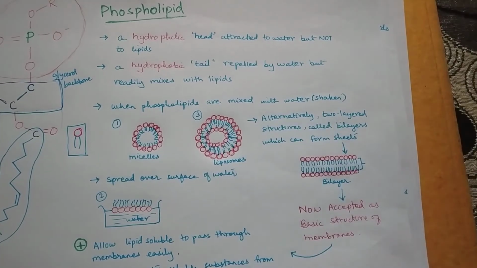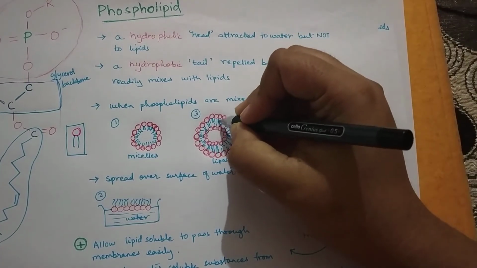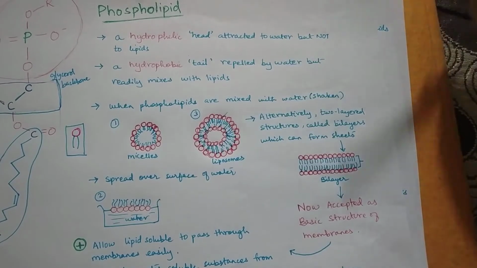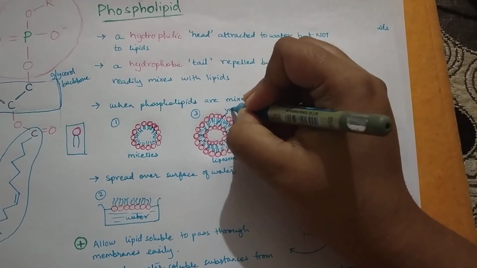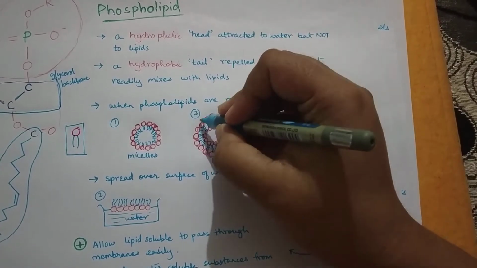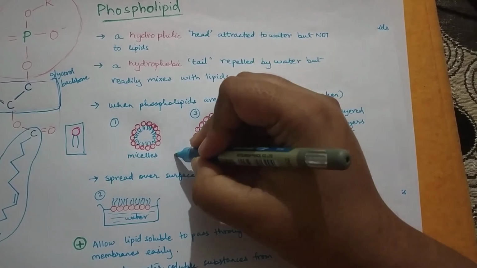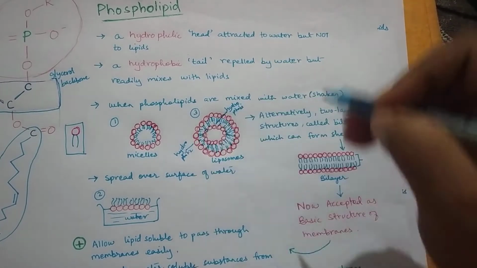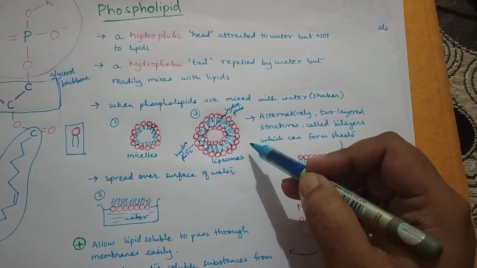This region that is formed, this area over here, will be the hydrophobic area, and these regions will be all hydrophilic regions, and this whole structure is called a liposome.